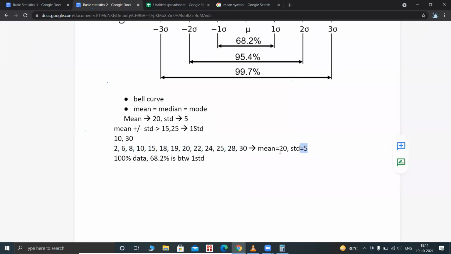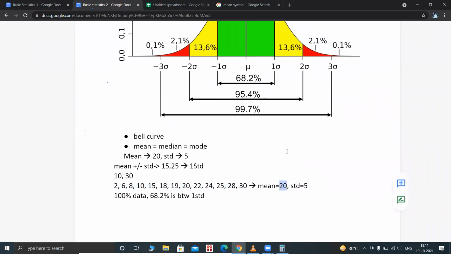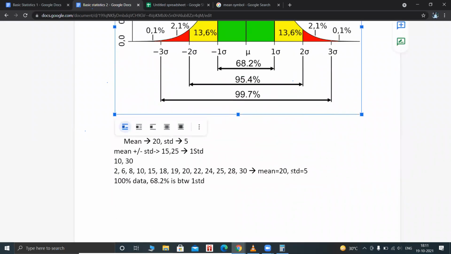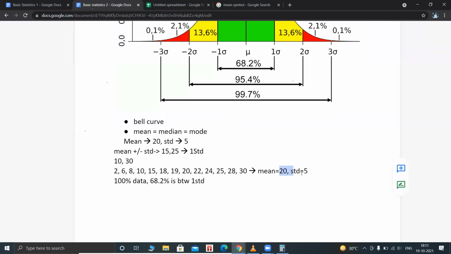Now one standard deviation is 20 minus 5 to 20 plus 5, that is 15 to 25. And what is 2 standard deviations? 20 minus 2 into 5, that is 10, so 10 to 30 is my 2 standard deviation rule.